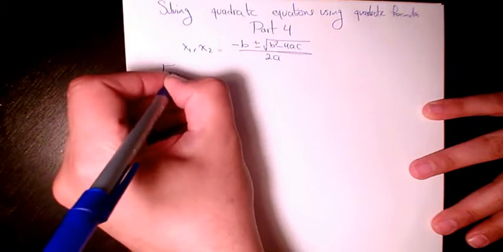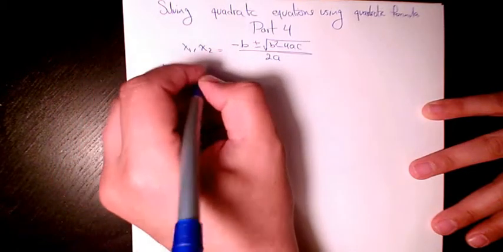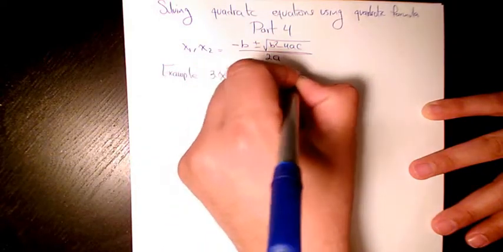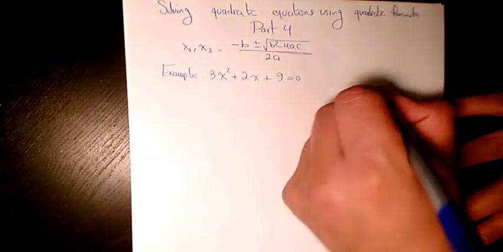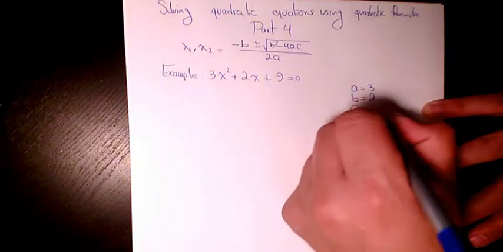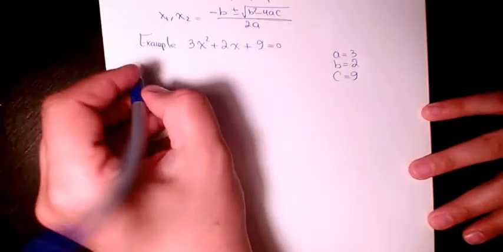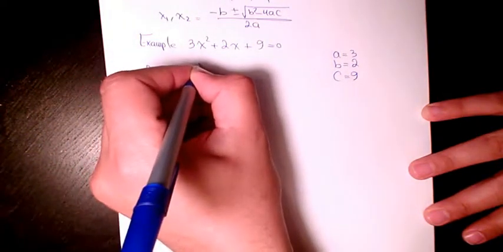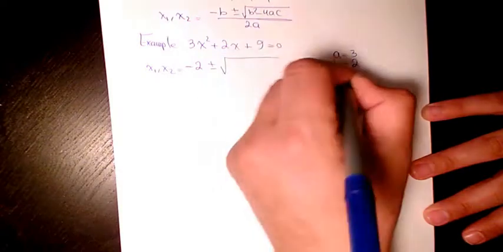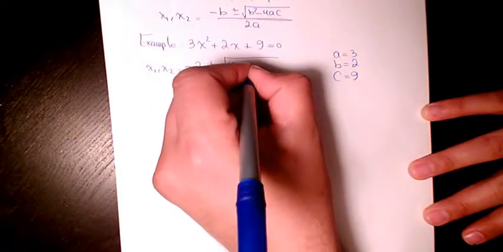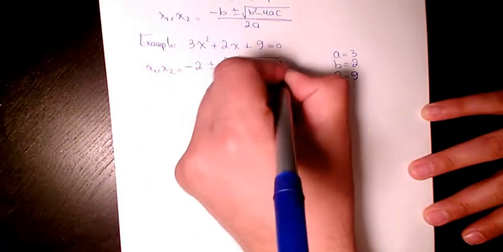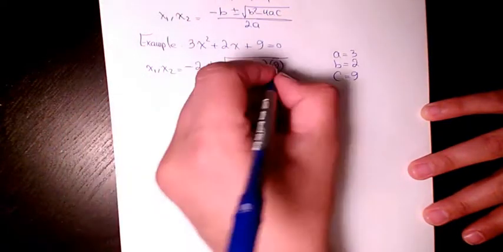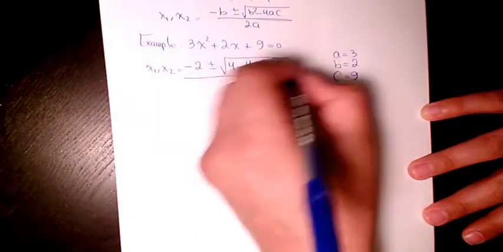The example I have is 3x squared plus 2x plus 9 equals 0. a is 3, b is 2, c is 9. So x1 and x2 will be negative b, which is negative 2, plus or minus the square root of b squared, 4, minus 4ac, divided by 2 times a, which is 6.